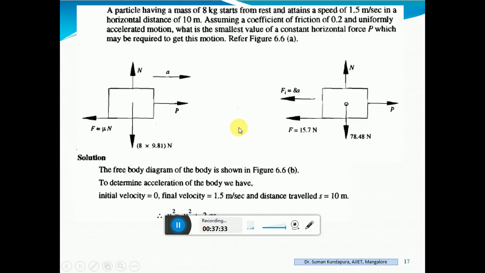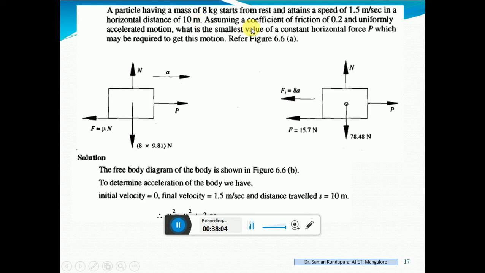Okay, we'll take up one problem in this. A particle having a mass of 8 kg. See, these problems are similar to the concept of frictional problems. A particle having a mass of 8 kg starts from rest and attains a speed of 1.5 meter per second in a horizontal distance of 10 meter.